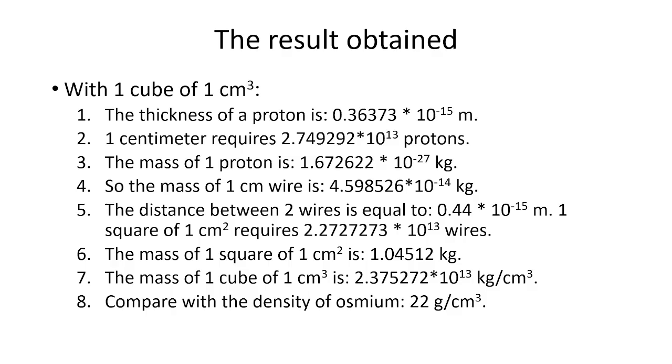The mass of 1 cube of 1 centimeter cube is 10 power 13 kilo. 8. Compare with the density of osmium, 22 gram per centimeter cube.